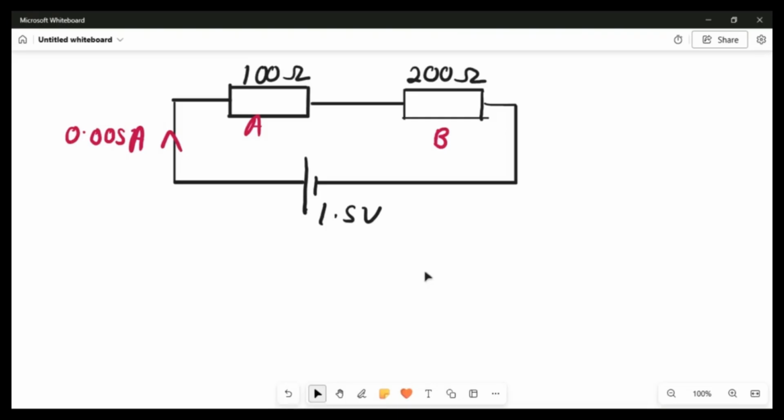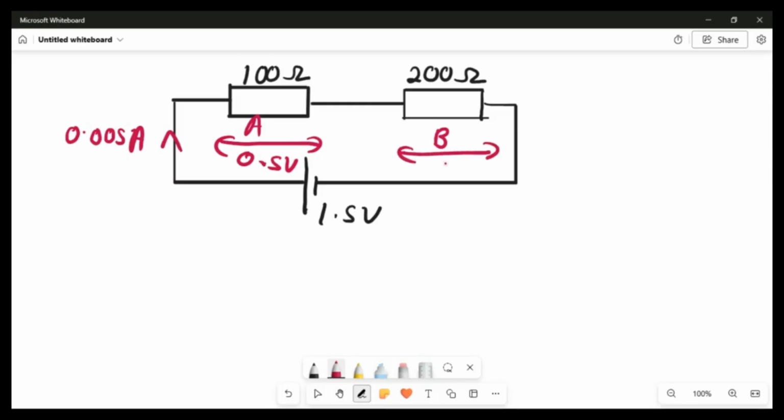Finally, we'll try to figure out some relationships associated with these series circuits. Previously, we have calculated that the potential difference across the resistor A is 0.5 volt and the potential difference across the resistor B is 1 volt. So then we'll try to take a relationship here. By looking at the values in the circuit, you can understand that the EMF of the cell is equal to the sum of the voltages gained by each resistor.